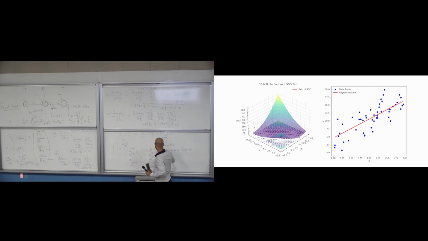I'm not going to write the expressions again. I'm going to write 1, 3, 4, 1, and 2. This is my stochastic gradient descent update. And I'll keep repeating the whole process again and again.